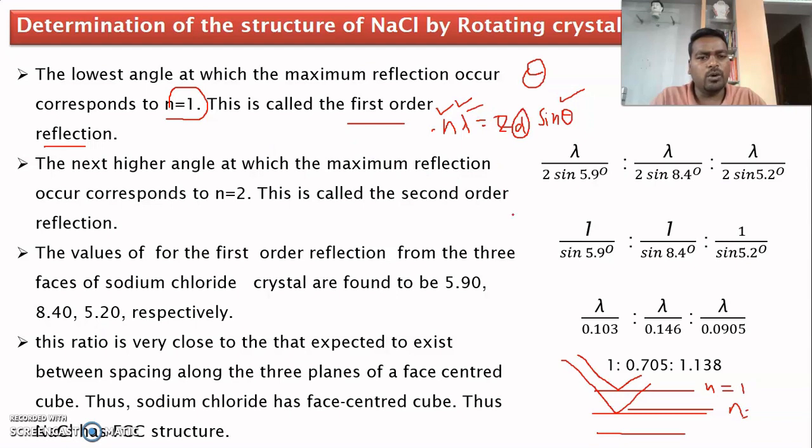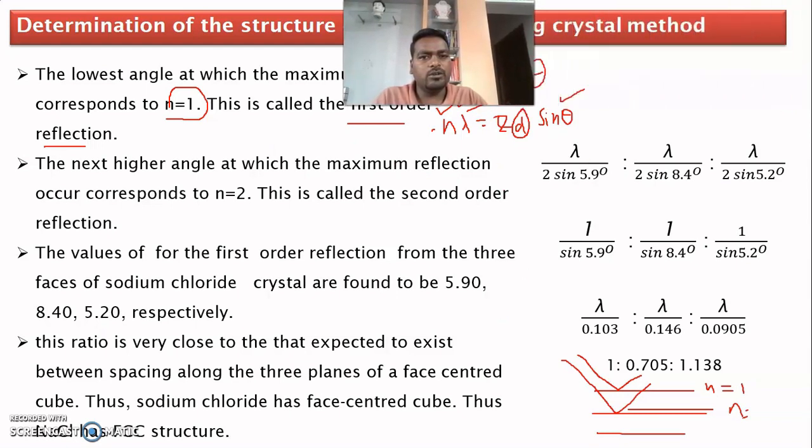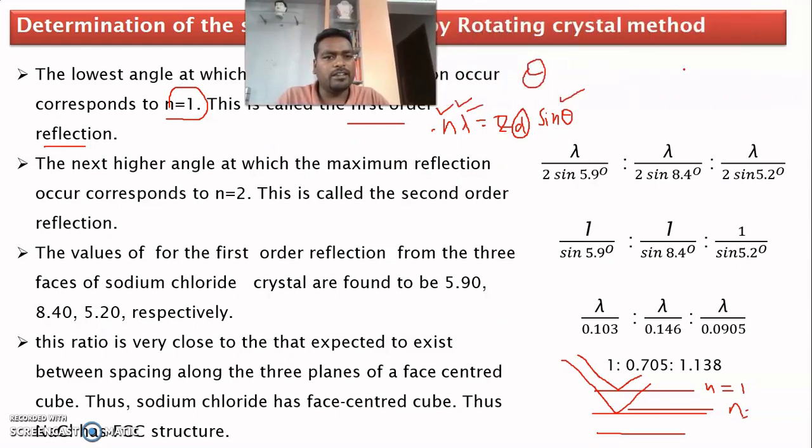So d is equal to what? If you simplify n lambda equals 2d sin theta, then d is equal to n lambda divided by 2 sin theta. You know the value of sin theta for different planes.